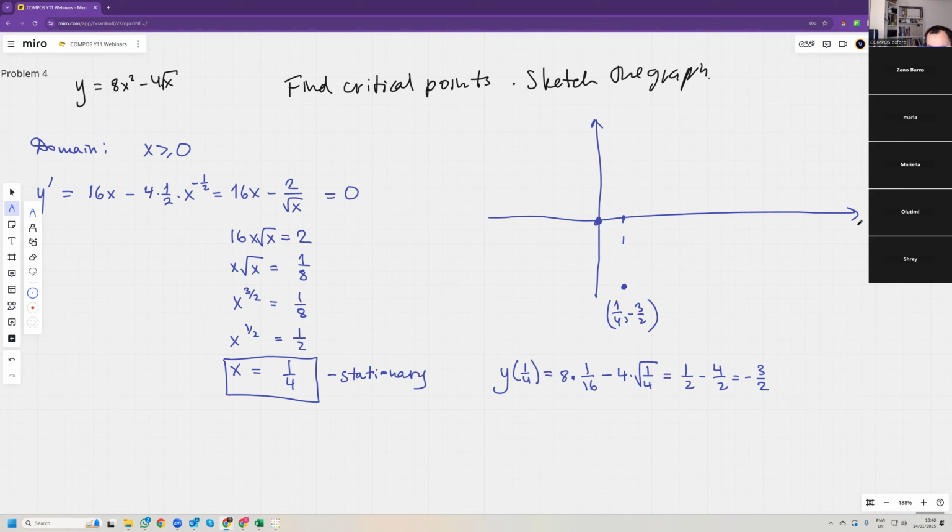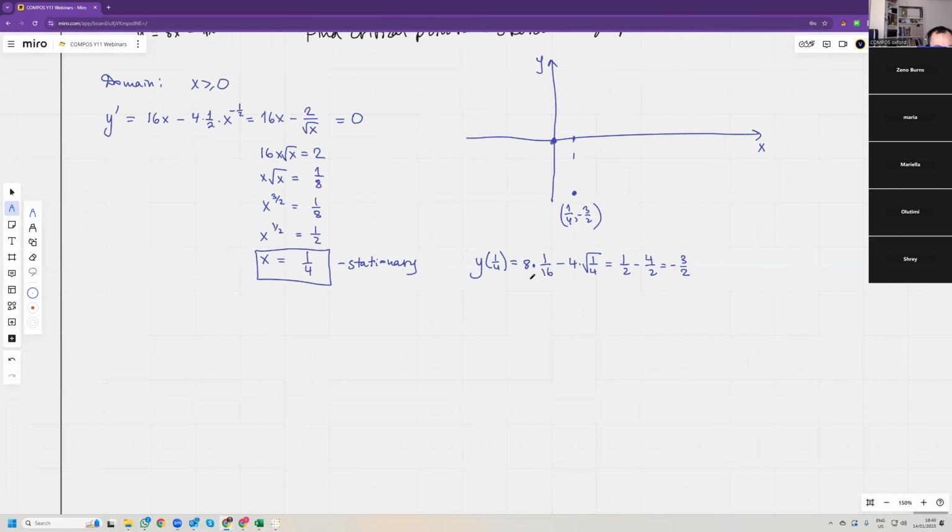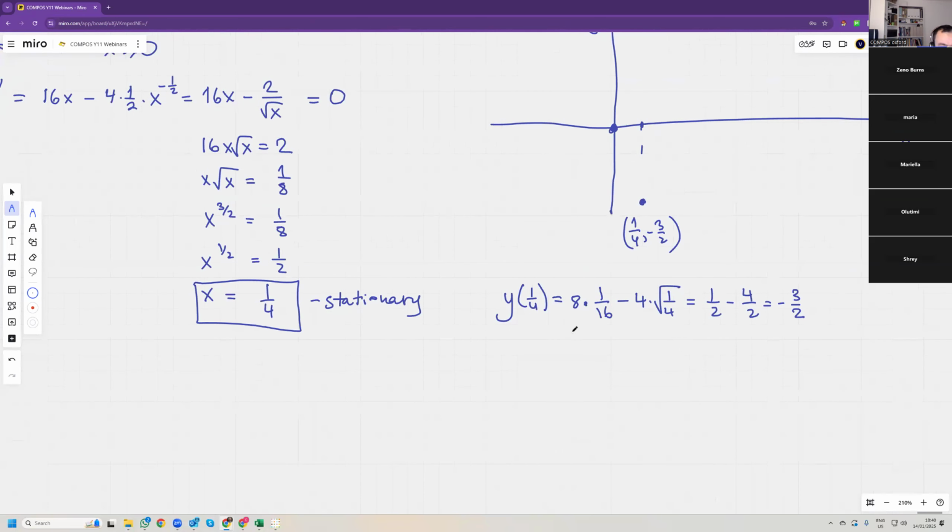How do I check that it is a point of minimum? Well, there are several ways. I can find y of slightly less than 1/4. So let's say 1/4 minus a small number, minus epsilon. So basically, I check the values to the left and to the right of this point.